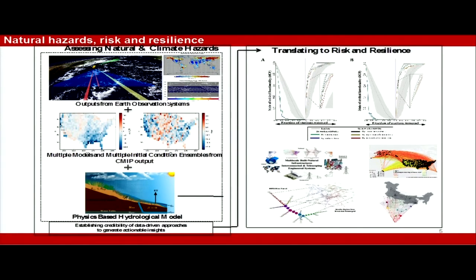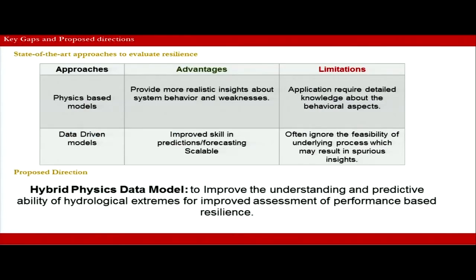So we started looking at outputs from Earth observation systems, combining them with multimodal outputs coming from CMIP, the Climate Data Repository, and running them through physics-based hydrological models to get better estimates of extremes, changes in return levels, and what these changes in return levels actually mean for revised flooding scenarios for various cities.